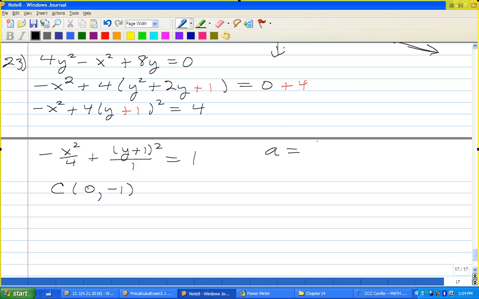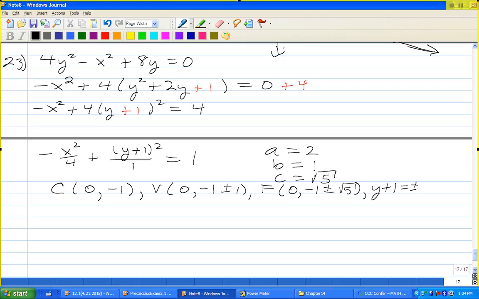A is 2. B is 1. C, 4 plus 1 is 5. So the square root of 5. The vertices are at 0, negative 1 plus or minus 1. Foci, 0, negative 1 plus or minus rad 5. The asymptotes are y plus 1 equaling plus or minus 1/2 x.